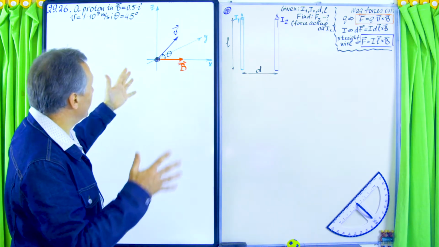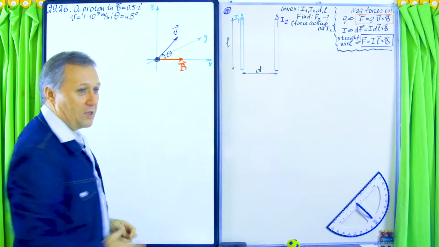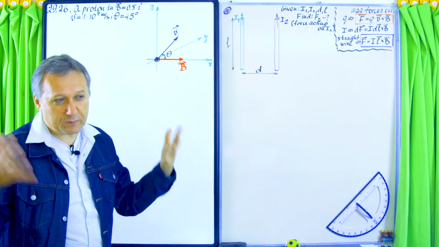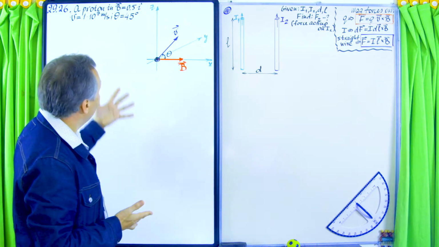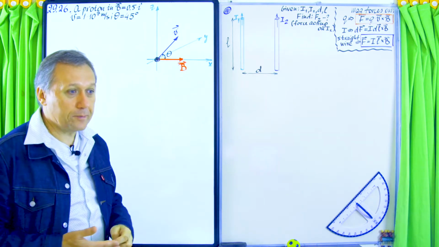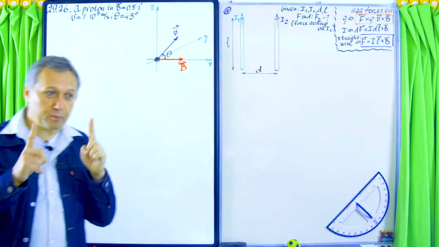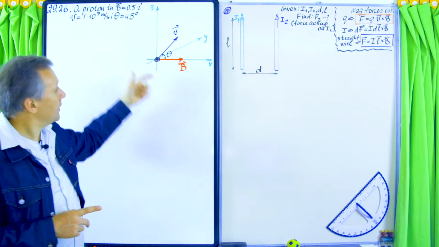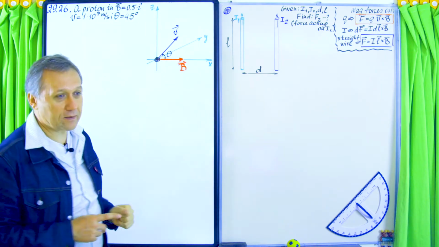And so let's imagine at this particular moment of time, some arbitrary moment of time actually, the proton is over here. And I position the origin of my coordinate system at the point where the proton is at this moment of time. The x-axis that way, the z-axis up.